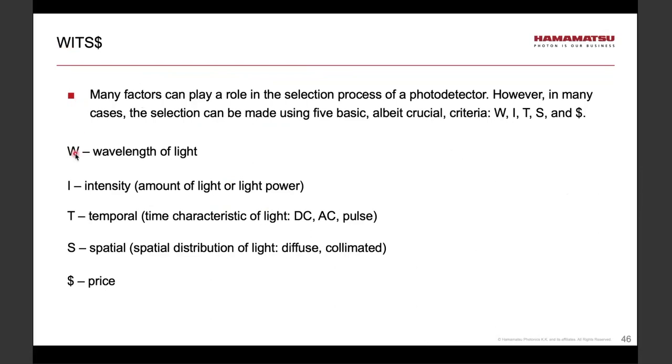W stands for the wavelength of light, I, the intensity or amount of incident light power, T for temporal characteristic of light, whether it's DC, AC, or a pulse, S, spatial characteristic, whether light is diffuse or collimated or something in between, and finally, the dollar sign represents the price.